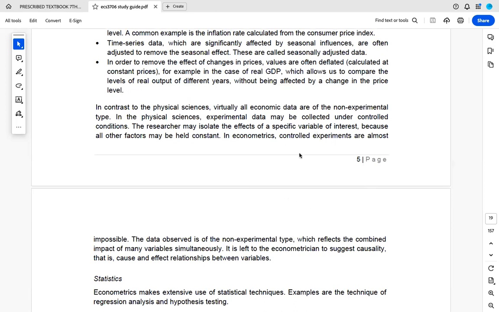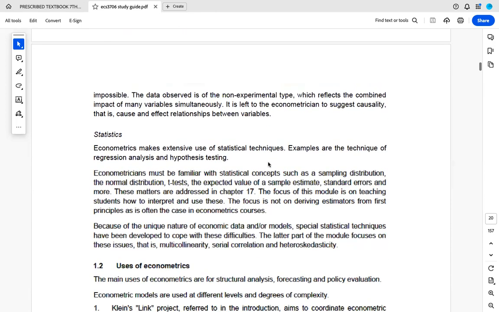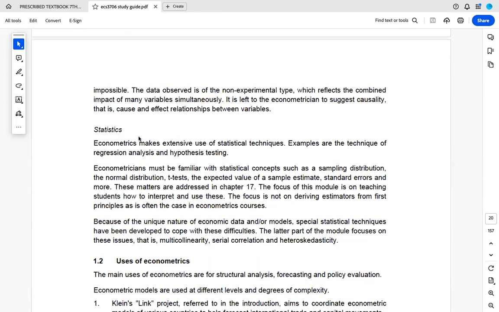So this type of data, where we are looking at historical data in the form of time series data and cross-sectional data, is non-experimental data.